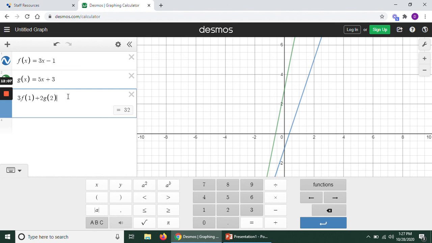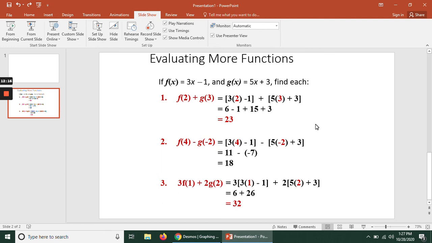So this method using Desmos makes all of this easy for you to do. Always use the easier approach, if you can.